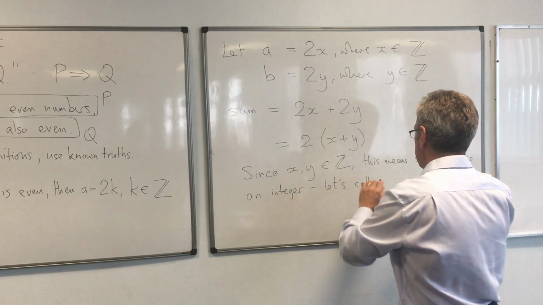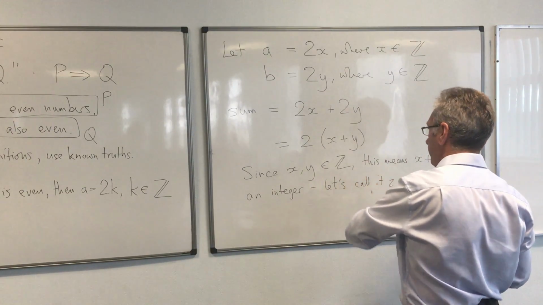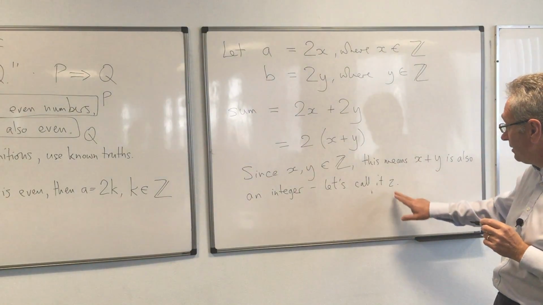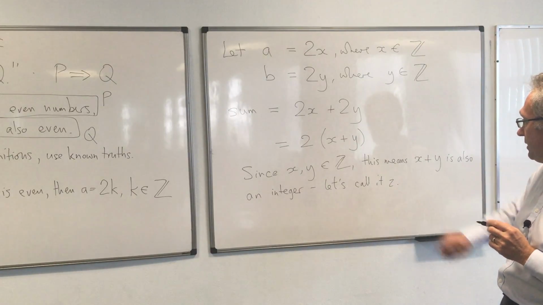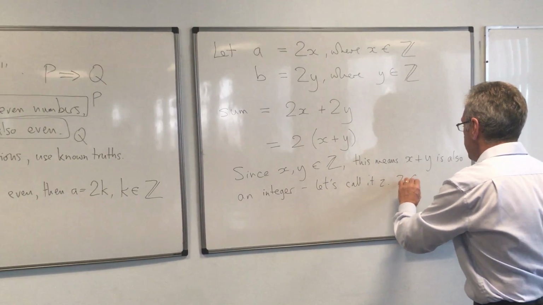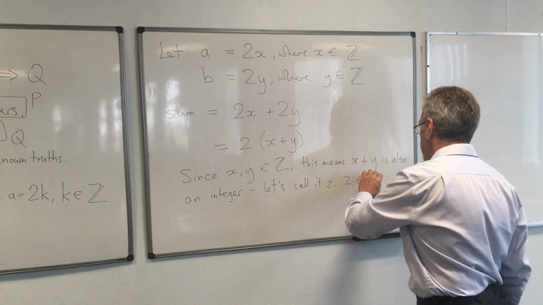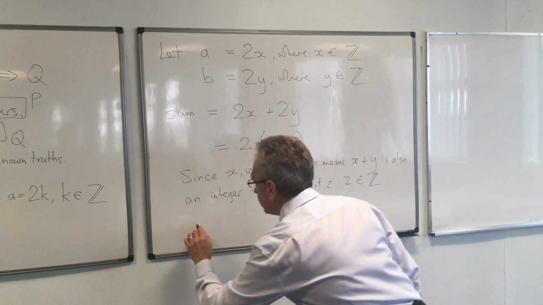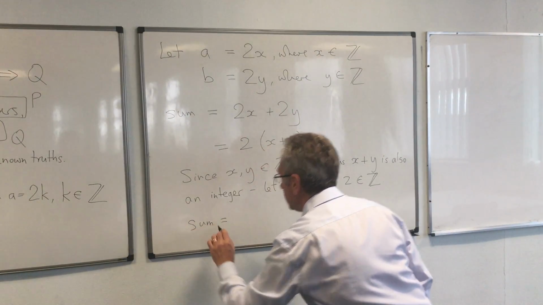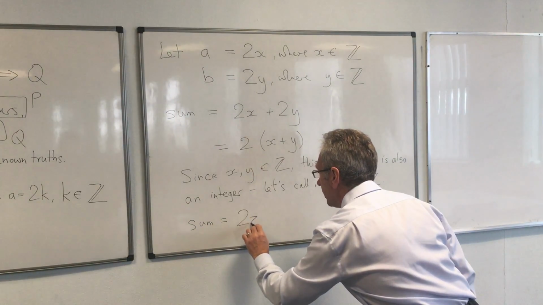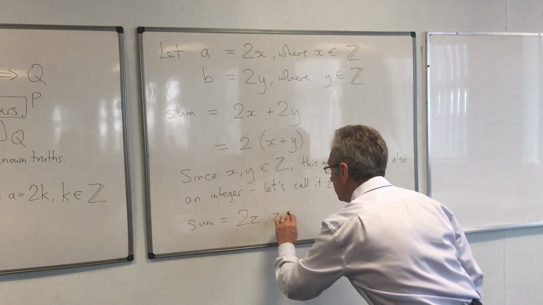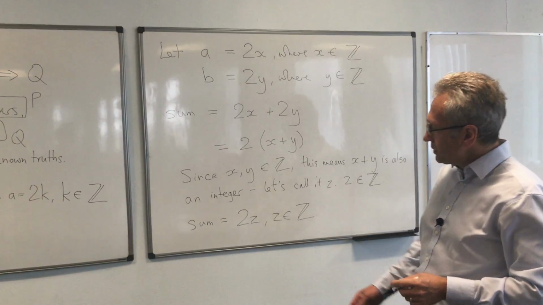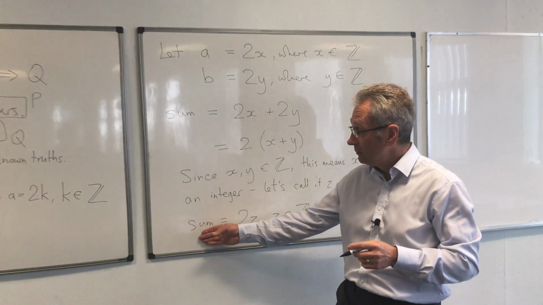So we're going to call x plus y by a new name, z, and we know that z is an integer. So I'll write that here. Z is a member of the integer set, big Z. So we can write down here that sum is equal to 2 times z, where z is a member of the integer set. What does that tell us about sum?